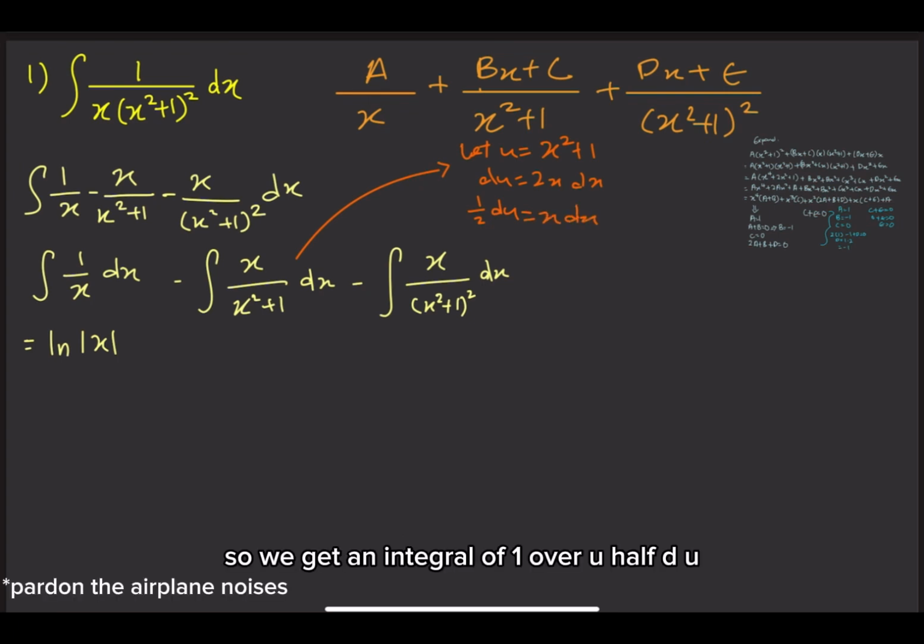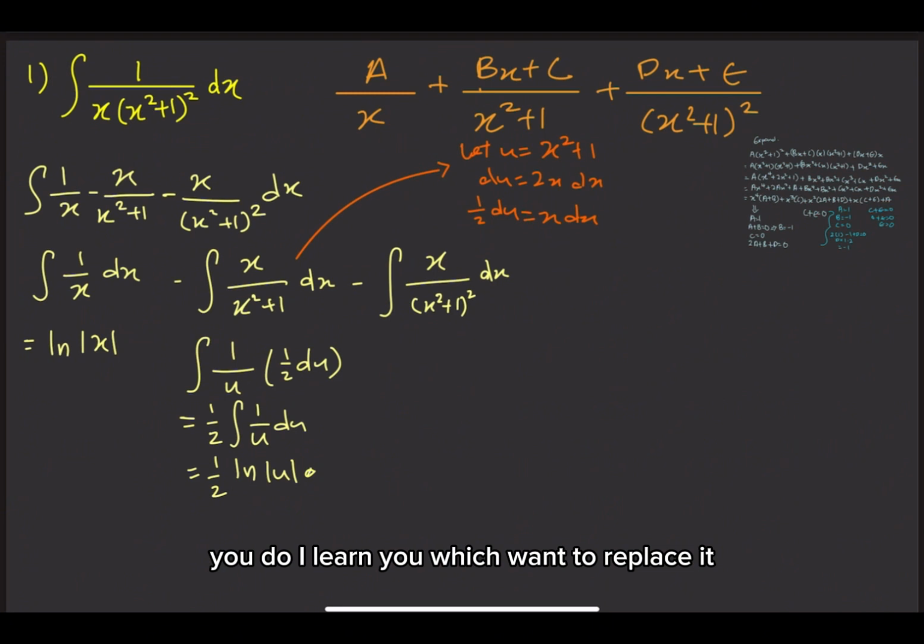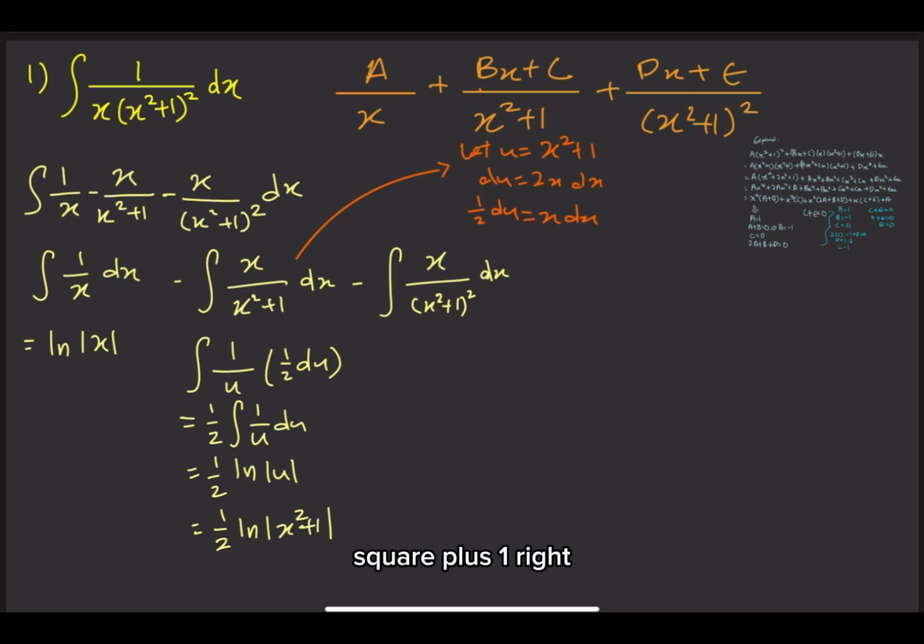So we get the integral of 1 over u half du equal to half of integral of 1 over u du, which once you replace it, you get ln u, which is ln of x squared plus 1. And for our integral of x divided by (x squared plus 1) squared, we can always use our integration by substitution as well.